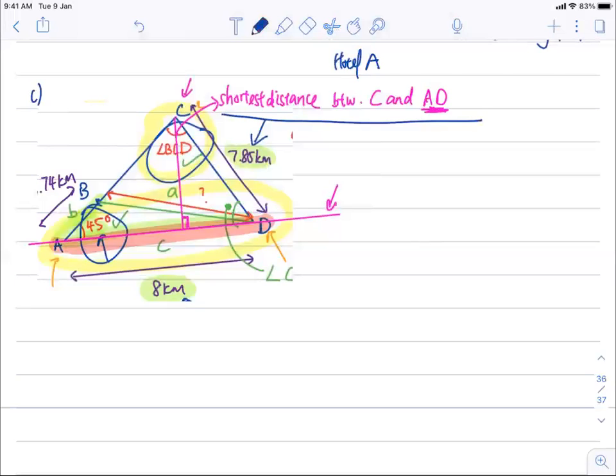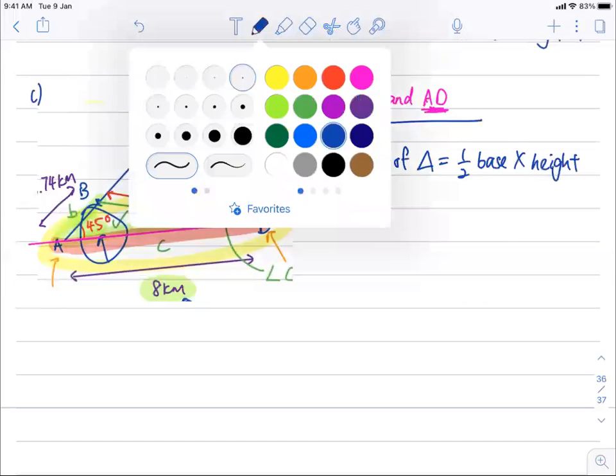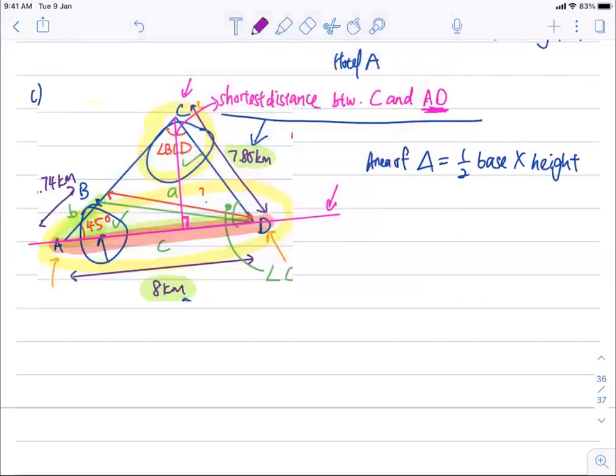We can use the formula area of triangle equal to half base times height, in which this one will be our base, 8 km.